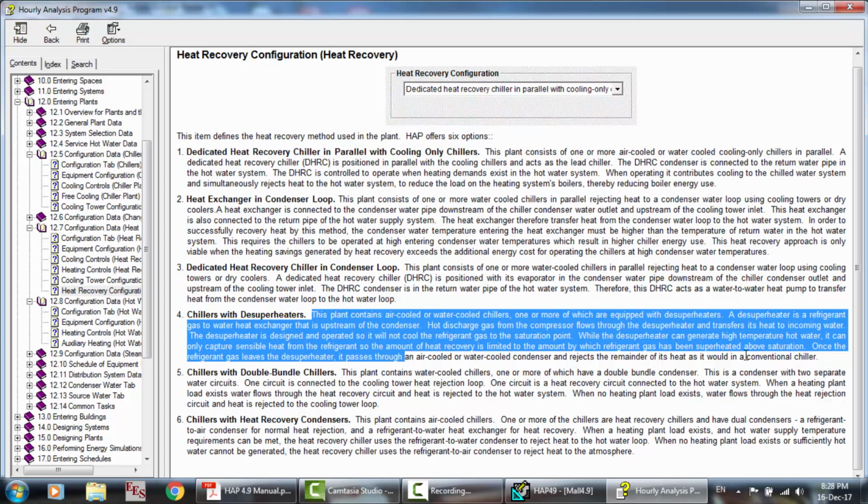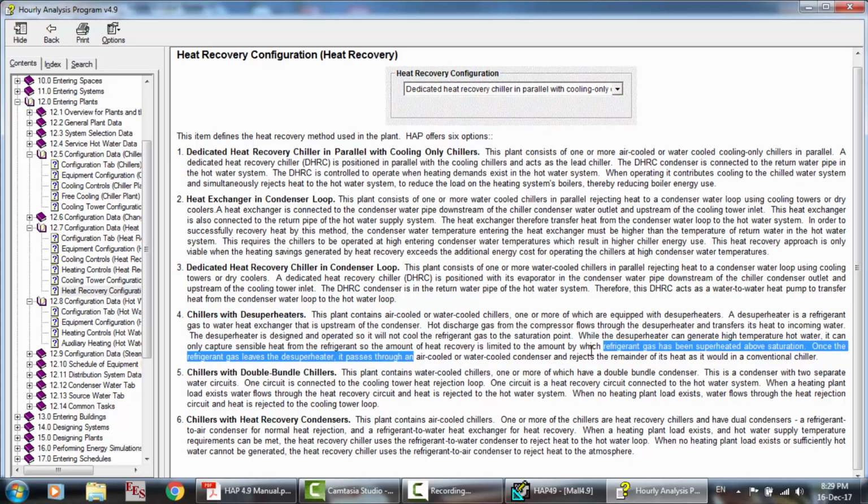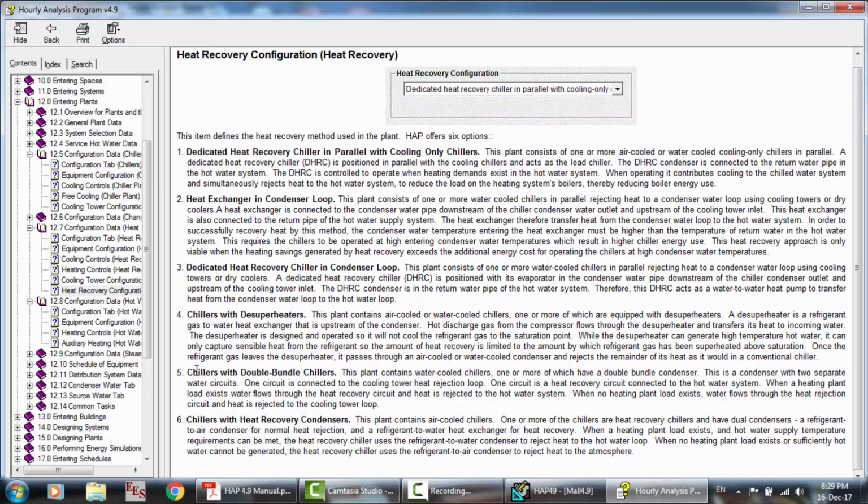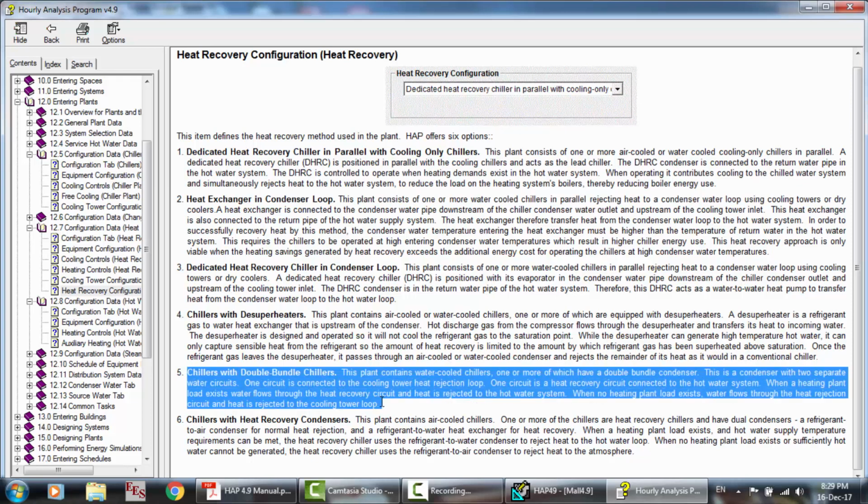So you have to be careful when you choose your system, and you have to know how it works. Once the refrigerant gas leaves the superheater, it passes through an air-cooled or water-cooled condenser and rejects the remainder of its heat as it would in a conventional chiller. The fifth type is chillers with double bundle condensers.